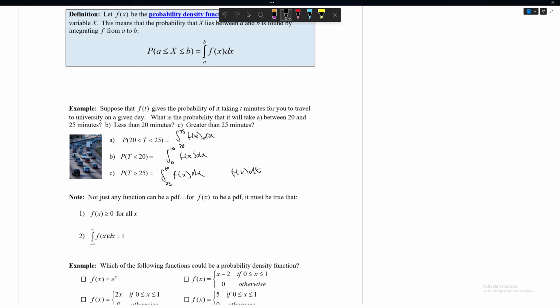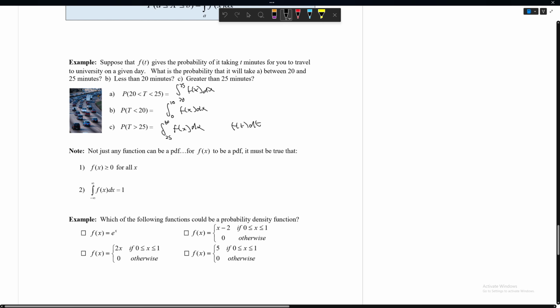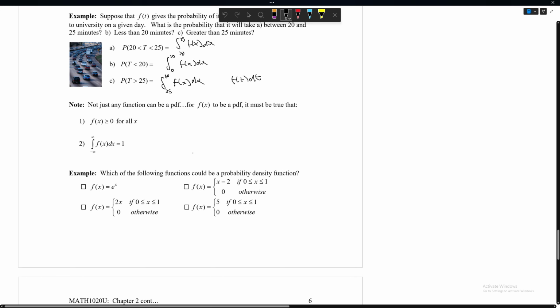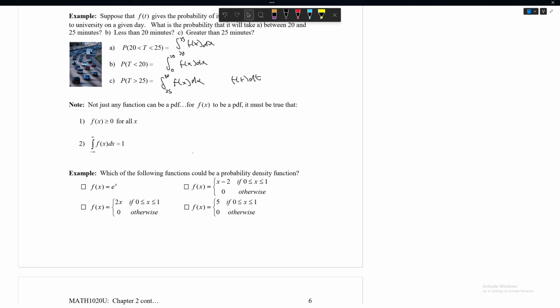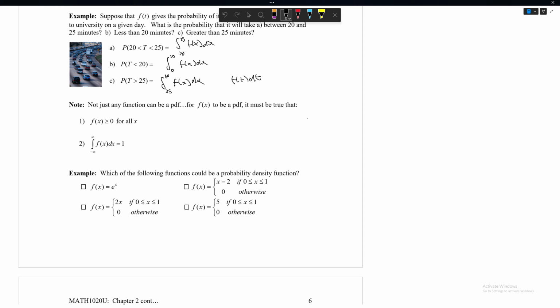Okay, so to be honest, probability density function is not too difficult. The only thing you have to pay attention to is the fact that not every function can be a PDF. Why? Probability is always between 0 and 1. You either have 0 chance, or you have 0.5, which is a 50% chance, or 1 for 100%.